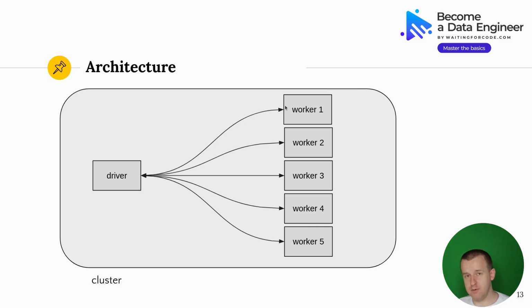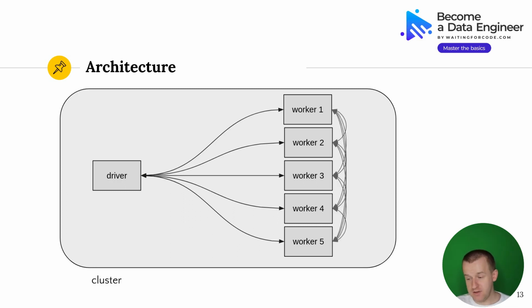So the driver communicates with the worker, but the worker can also, and must, answer back to the driver's request. Additionally, the worker can also initiate the communication by saying, hey, I cannot process this data right now, maybe you can try to schedule it somewhere else.